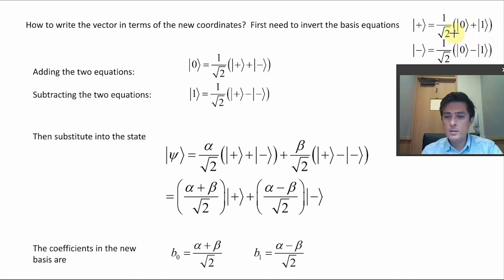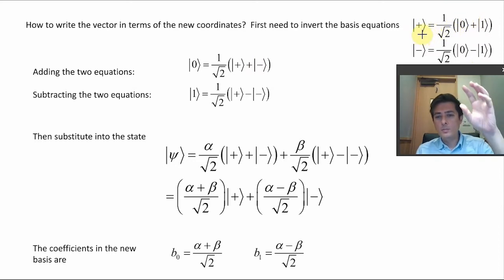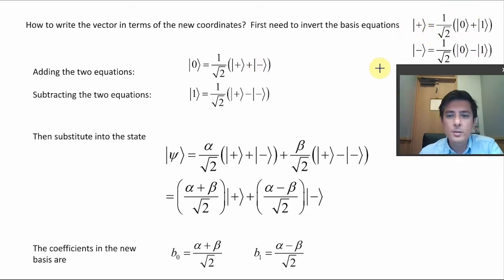This is going the wrong way. It's telling us what plus is in terms of 0 and 1, but what we want is to know what 0 is in terms of plus and minus. So how do you do that?